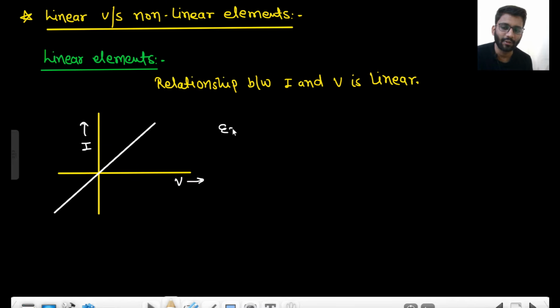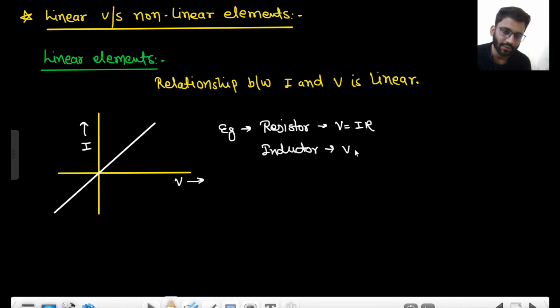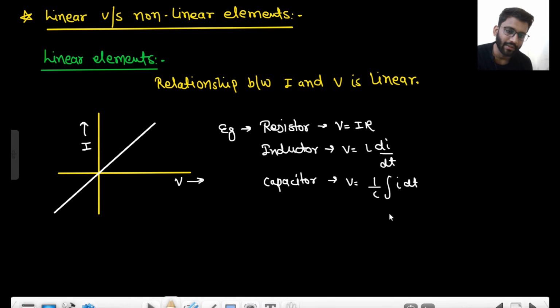So what should be the examples of these things? Tell me. Resistor. For resistor, if you haven't studied, then we will study. If you have studied, then it's good. V equals IR. For inductor, V is equal to L di by dt. For capacitor, V is equal to 1 by C integration of I dt from minus infinity to t.